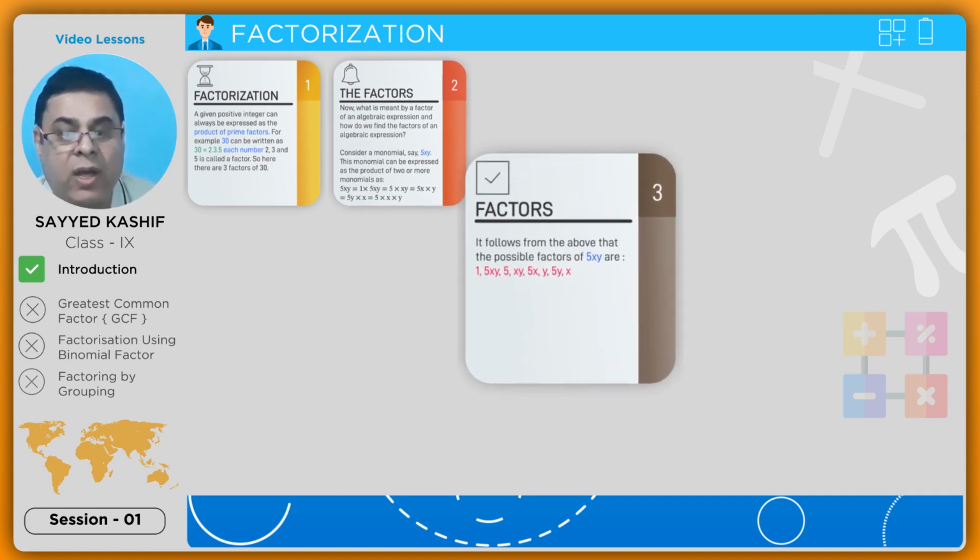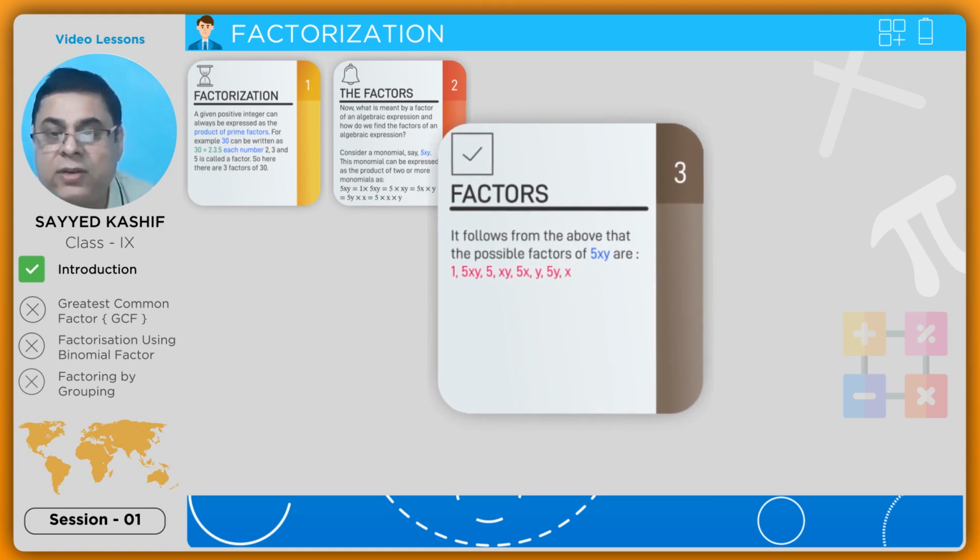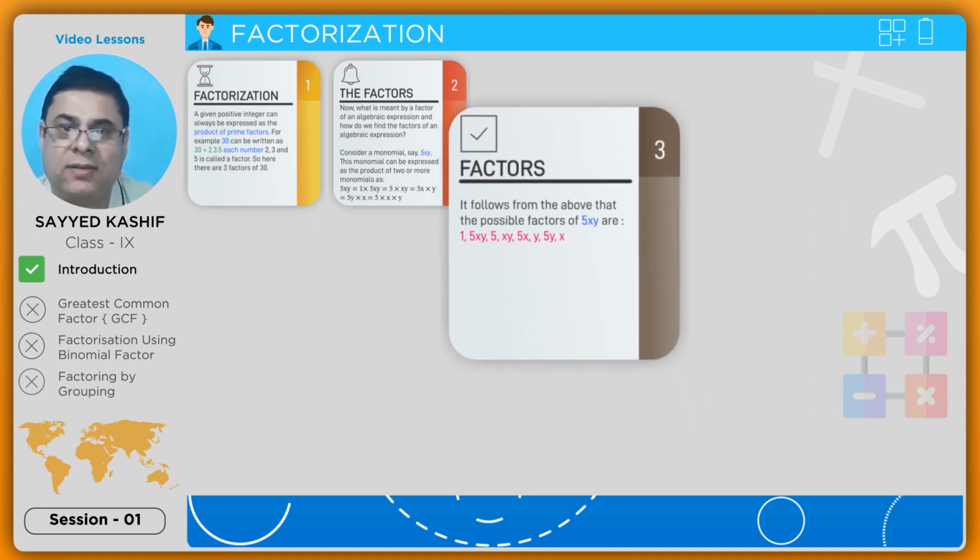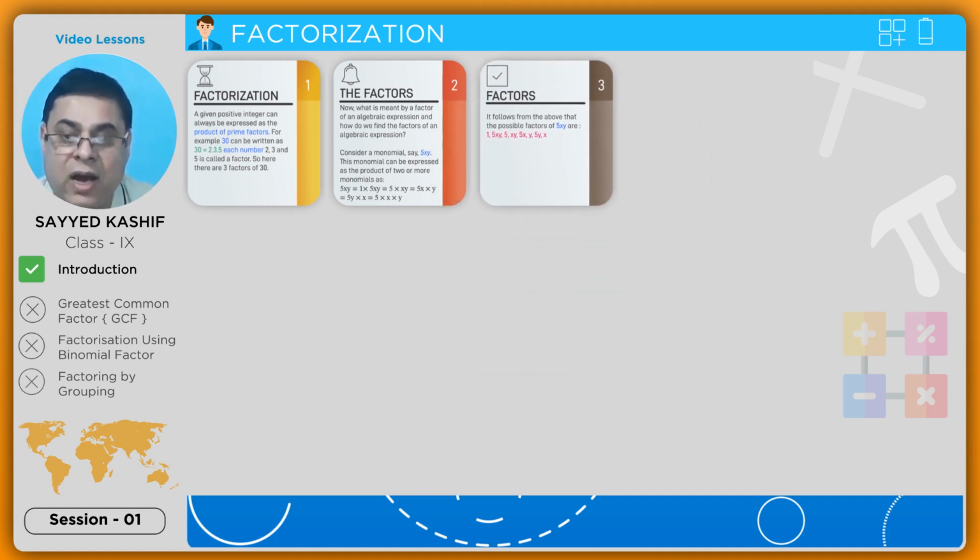It follows from the above that the possible factors of 5xy are 1, 5xy, 5, xy, 5x, y, 5y, and x. All these are factors of 5xy.